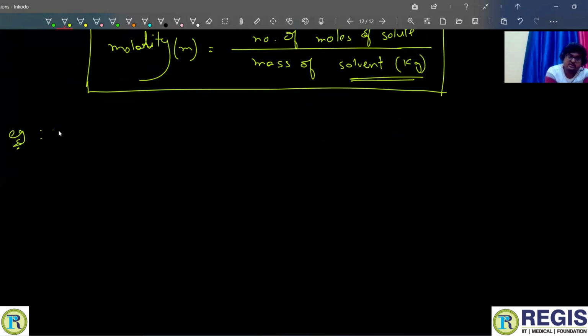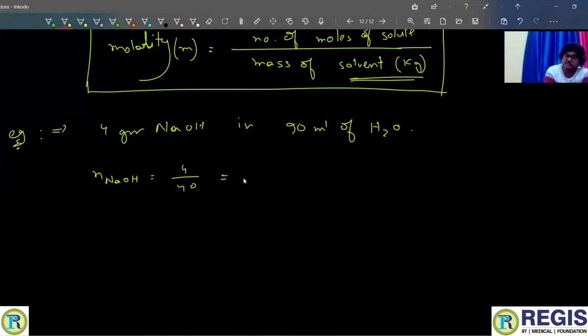Okay. Now next, just giving you one example. Suppose 4 gram of NaOH is taken in 90 ml of water. Now you have to calculate molality. How can you find out? Number of moles of NaOH is given mass by molar mass.